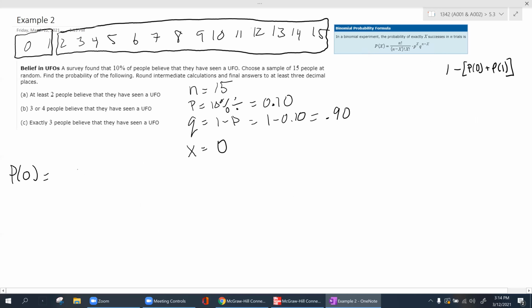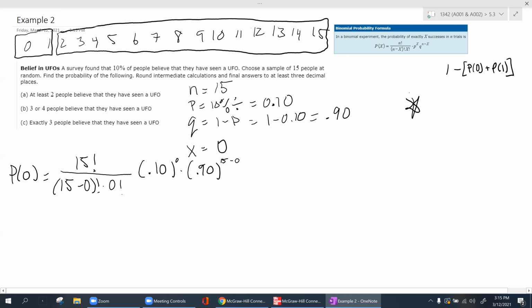This is going to be n factorial, which is 15, over 15 minus x, which is 0 factorial, times 0 factorial, times p, which is 0.10 raised to the x, which is 0, times q, which is 0.90 raised to the n minus x, which is 0.